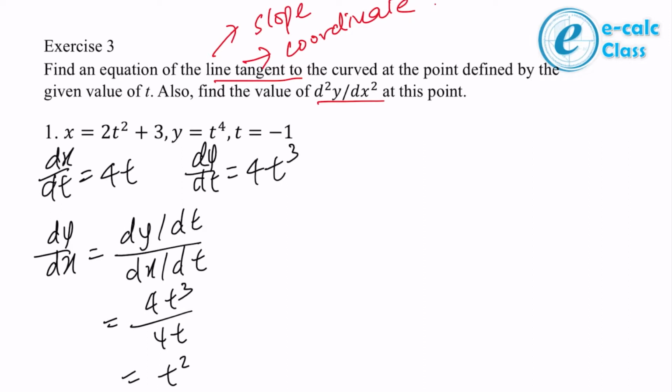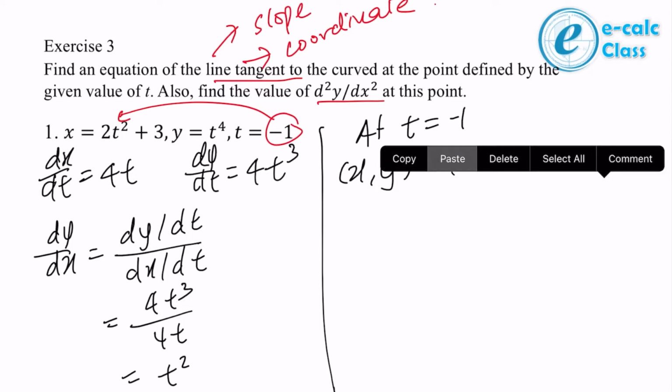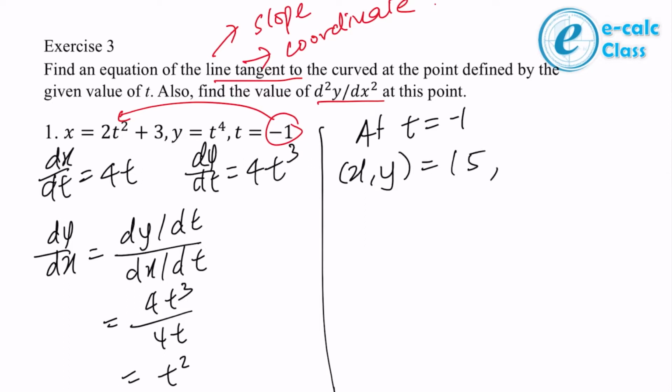Then now I need one coordinate, right? At t equals -1, x, y: you put this -1 into this equation. 2 times 1 is 2 plus 3 is 5. Similarly, you put this into here, you get a positive 1.